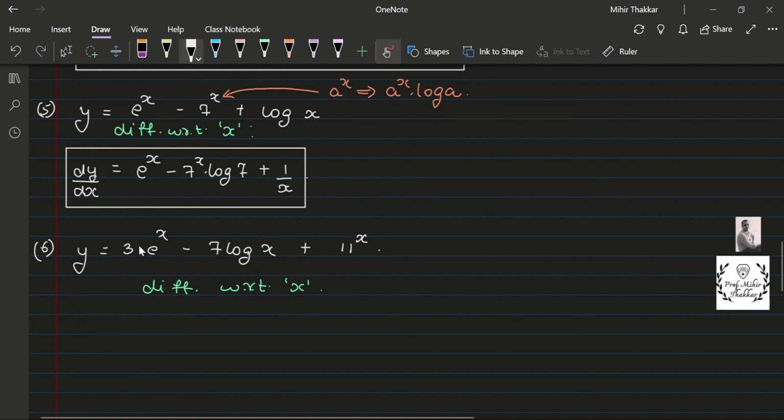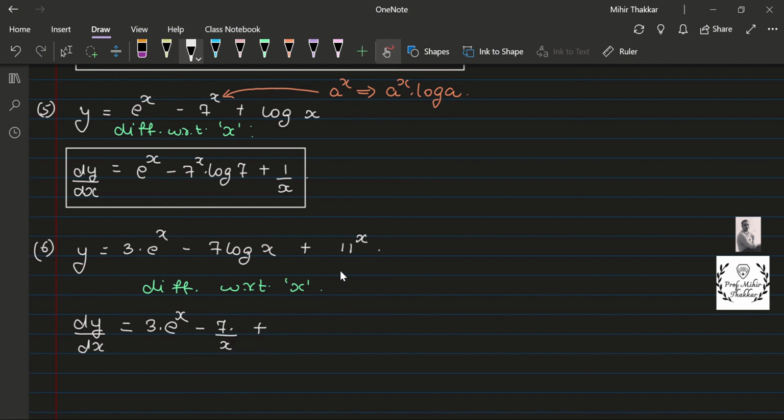So derivative of y, as you all know, dy by dx. 3 is the coefficient, so it will remain there as it is. E raised to x, derivative is e raised to x. Again, that 7 is coefficient, so we cannot do anything. So I get derivative of log x as 1 upon x. So either I can write multiplied by 1 by x, or I can just write 7 upon x. Effectively both will be the same.